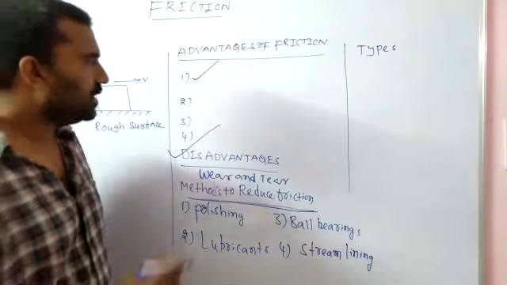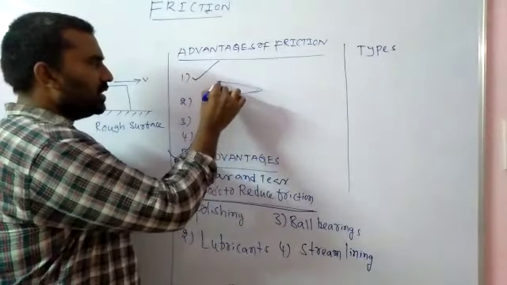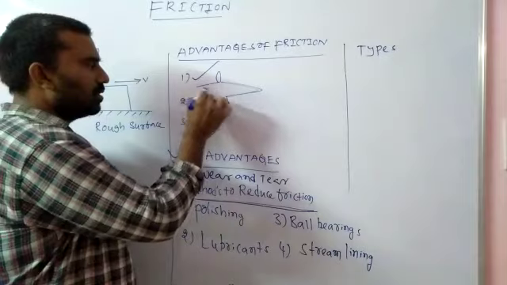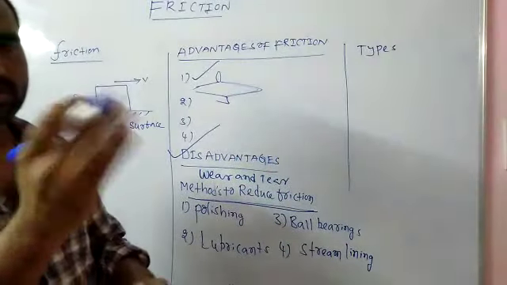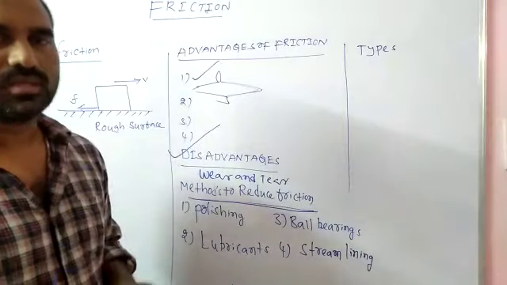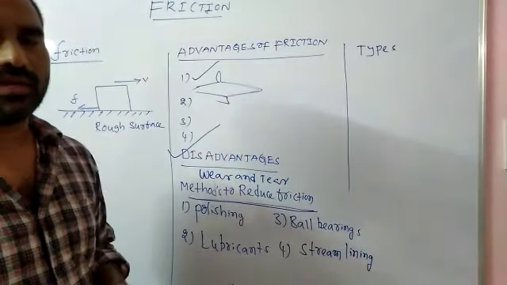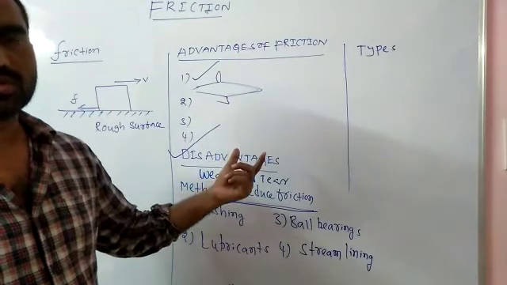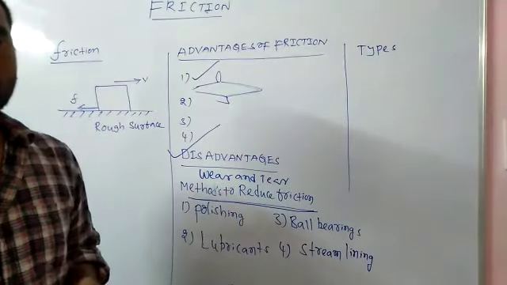Because of the curved surface, the layers of air get streamlined so that air friction is reduced and they move very fast compared to other vehicles.